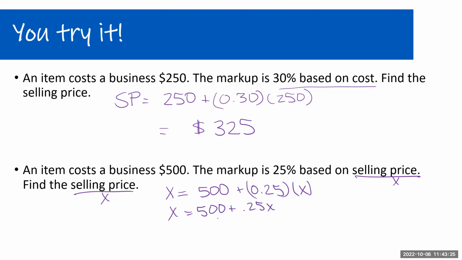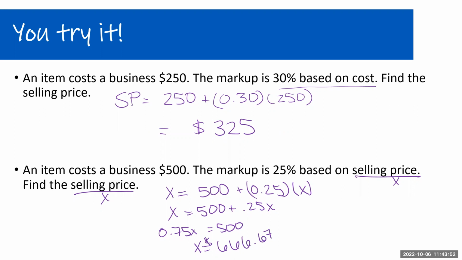Now we can subtract 0.25X from each side and get 0.75X equals 500, which divided by 0.75 is going to give us an unfortunate number of $666.67. Poorly thought through math there, huh?